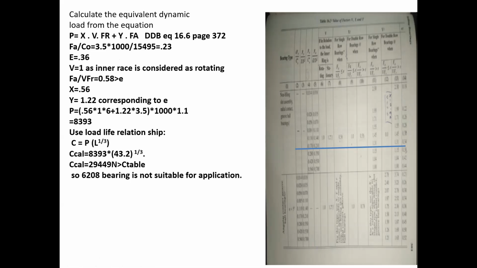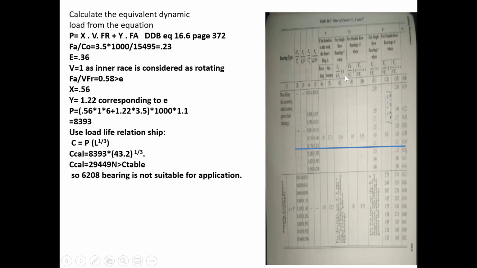As nothing is given about which race is rotating, by default we will consider the inner race is rotating, that is V equal to 1. Now we have to find out Fa upon V Fr. This Fa upon V Fr comes out 0.58, that is greater than e. So we'll take X equal to 0.56, because Fa upon V Fr equal to 0.58 is greater than e.